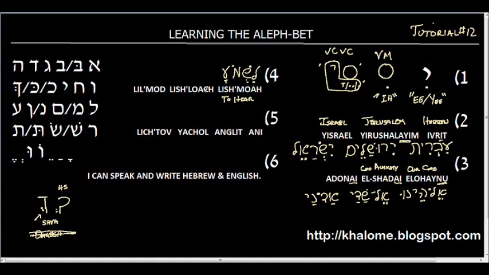Lishloach. Lishloach is to send. You want to send a letter. Lamed, Hidik beneath it. Sheen, silent Shva. Lamed. It'll have the reduced Cholam Vav, and then it's going to end with a Chet.